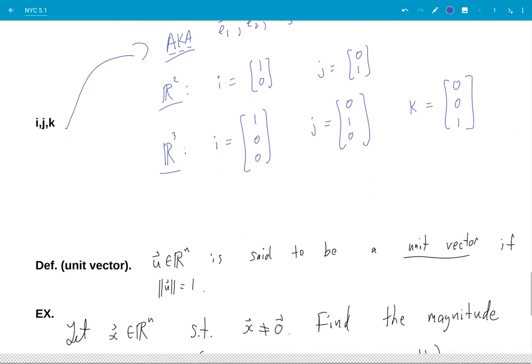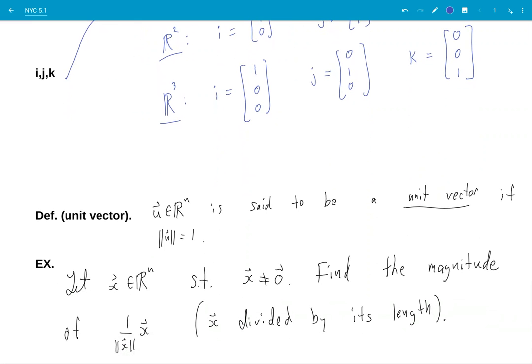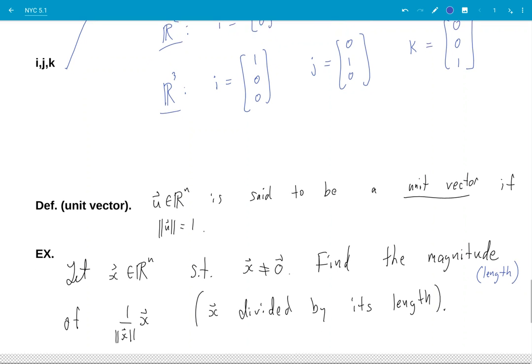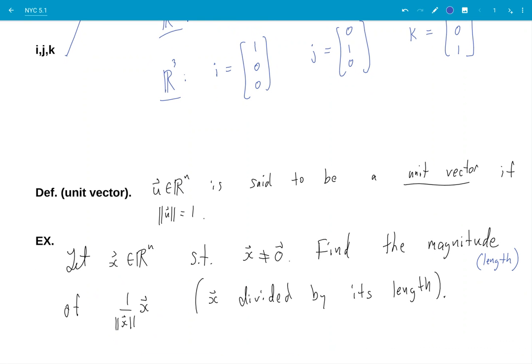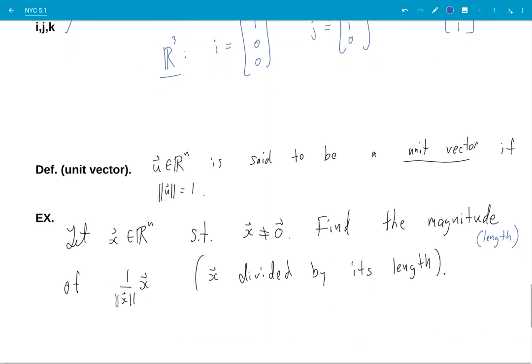So pause and copy this example. We're going to find the magnitude or length of this vector here. What's going to happen is the length of this vector is going to turn out to be 1. So this gives us a way to take a vector and scale it down to obtain a unit vector, which we'll find is useful in many cases.